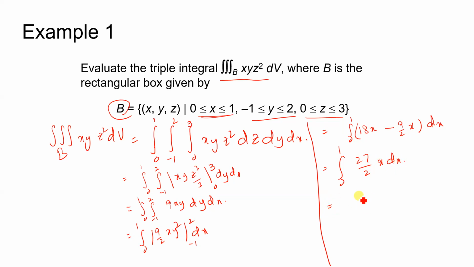So let's integrate this with respect to x. 27 by 4 x squared, 0 to 1. When we substitute x equal to 1, we have 27 divided by 4, and when x is equal to 0, this becomes 0. So this is the answer.